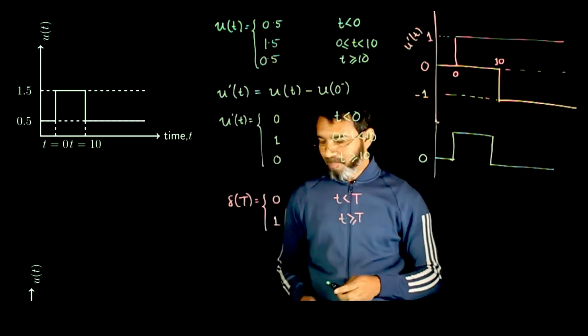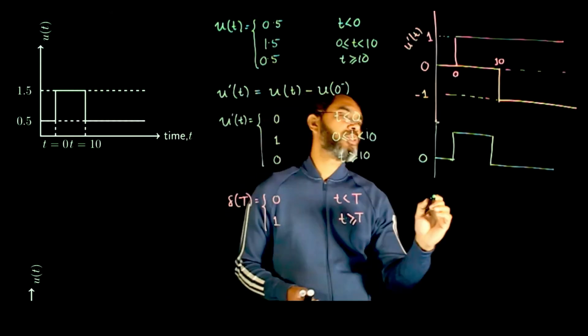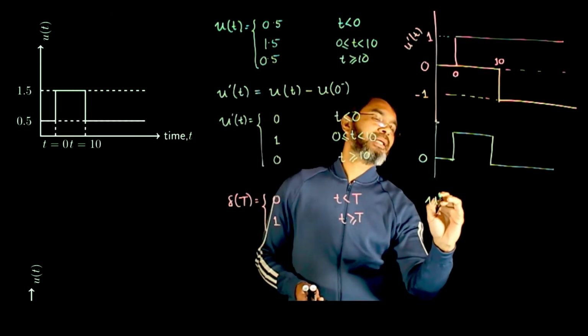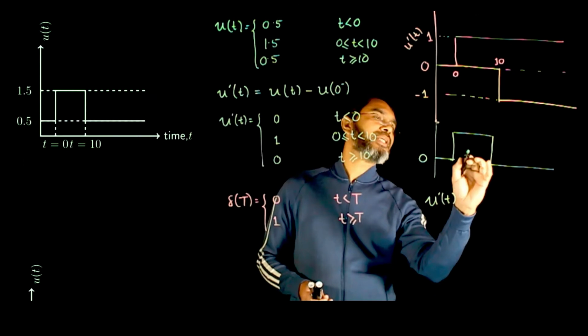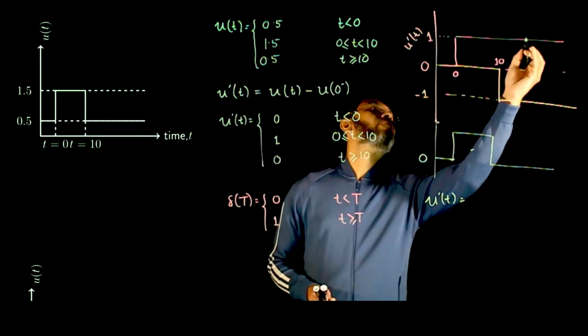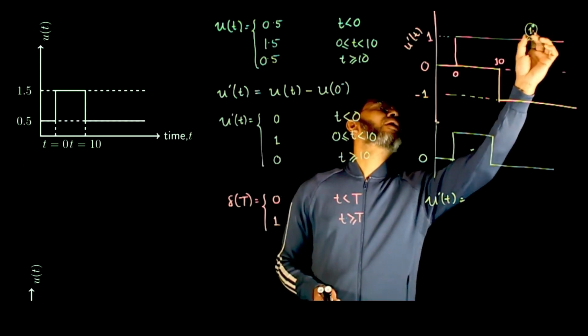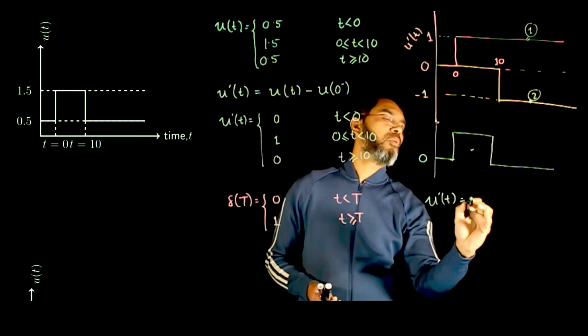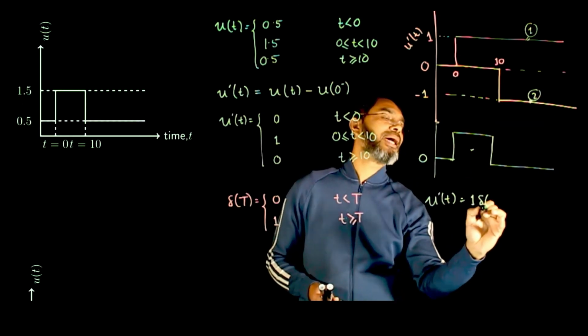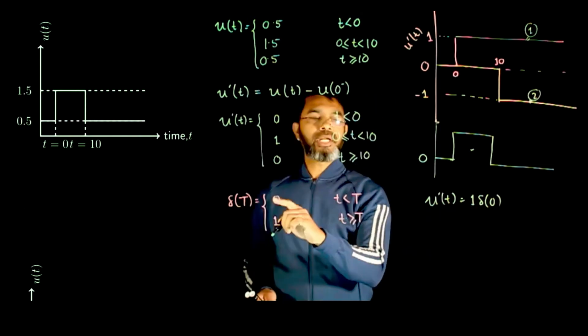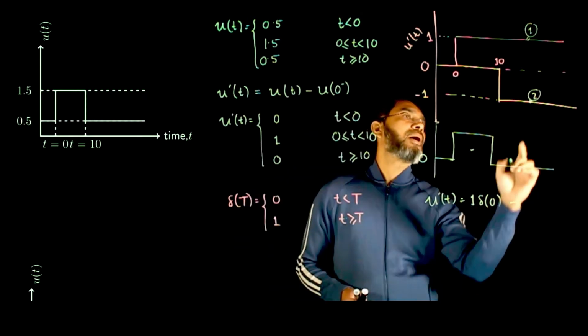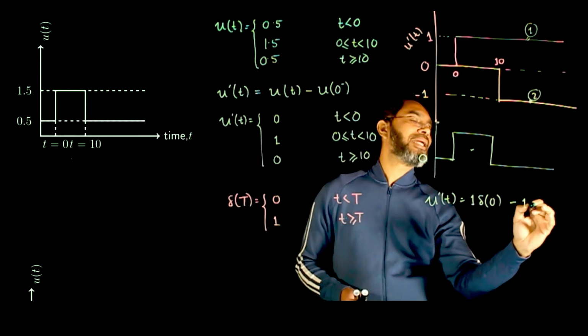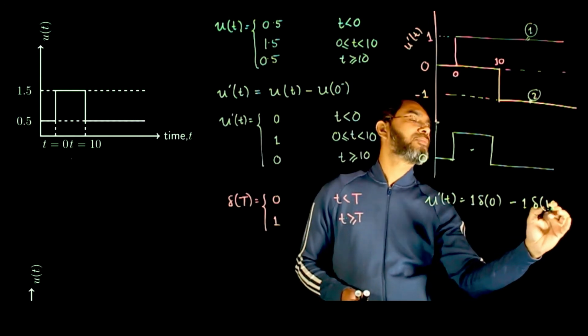In terms of a mathematical equation, u prime t, this signal, is the summation of number 1 and number 2. Number 1 is 1 delta 0 using this notation, and number 2 is -1 delta 10.